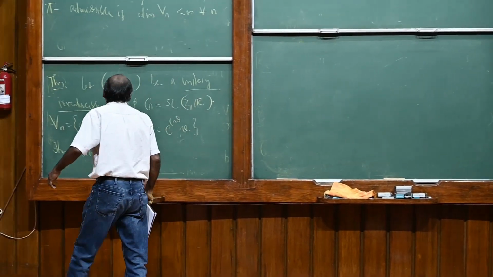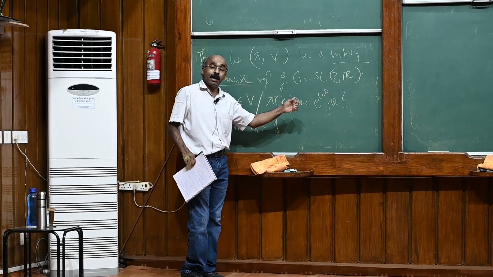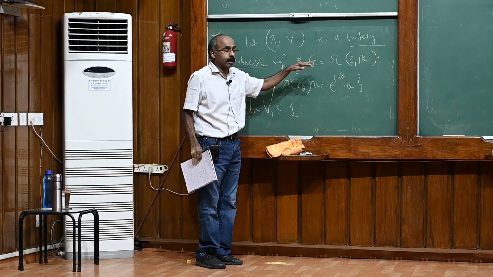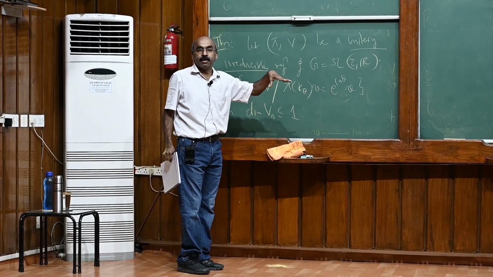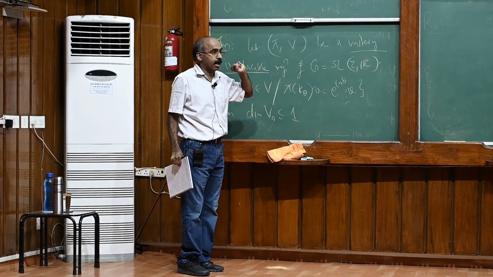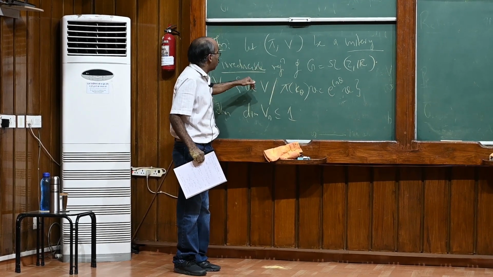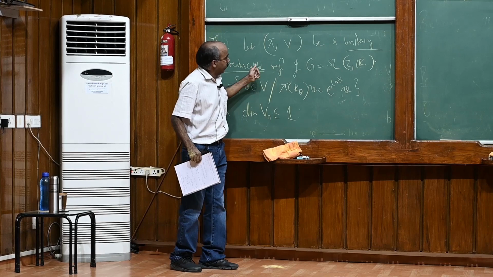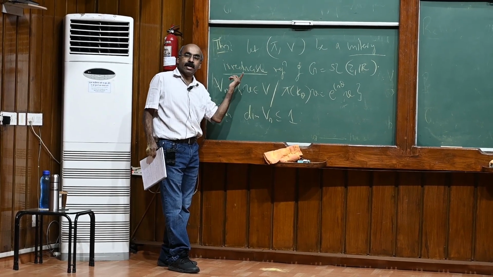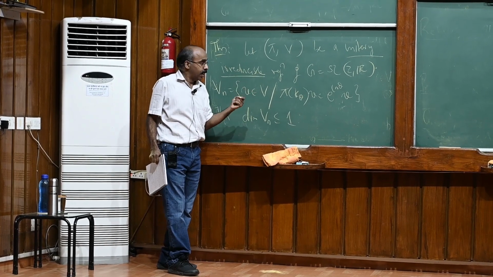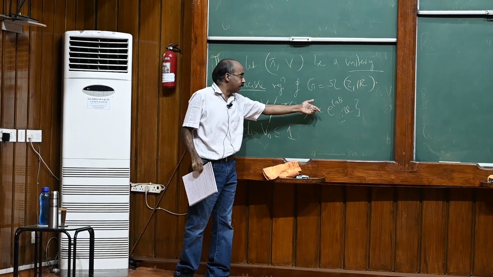Now, a few remarks. The dimension is bounded by 1. The 1 comes from SL2R, because the corresponding representations of K, the maximal compact, are all one dimensional. In general, if you have a simple Lie group with a finite center and you take a unitary irreducible representation, instead of Vn you will define V delta, where delta is a representation of K. You look at all those vectors which transform according to the representation delta.